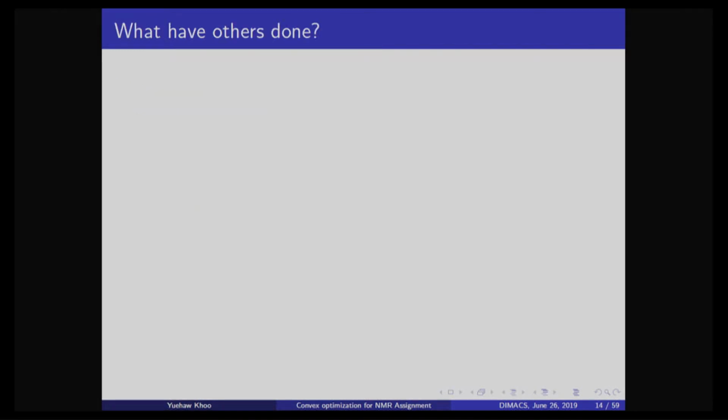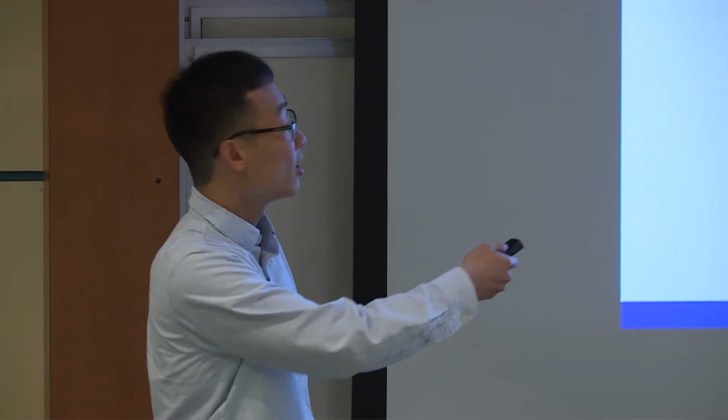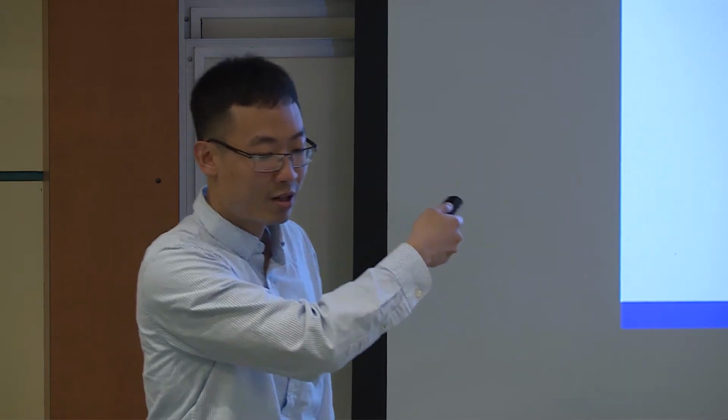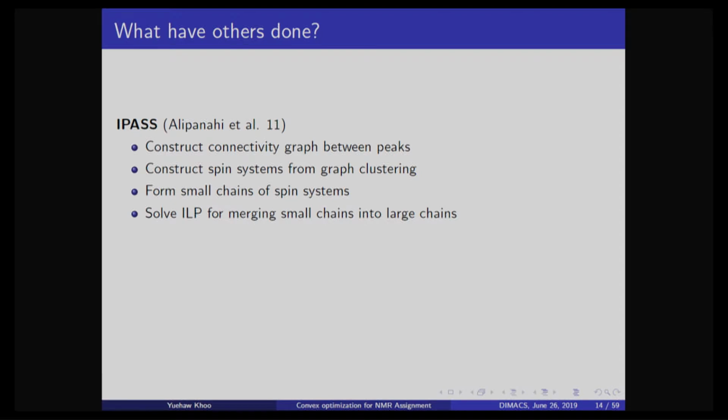All right. So what have others done? Professor Wojtowicz has actually worked in this field before. Here's the approach that they take. First, they construct a connectivity graph between the resonance peaks, and they use a clustering algorithm to construct this tuple of 4 peaks. Once they form this spin system, you start building small chains of spin systems, essentially using the procedure that I was mentioning.